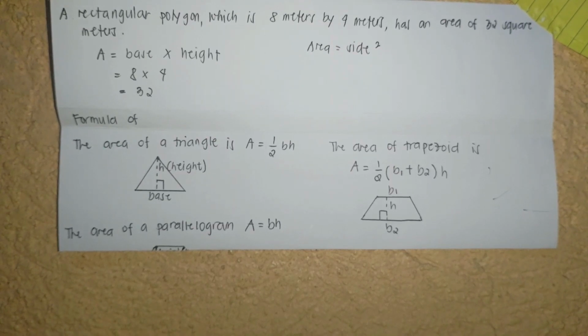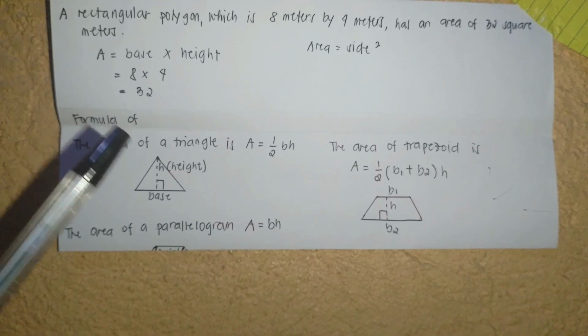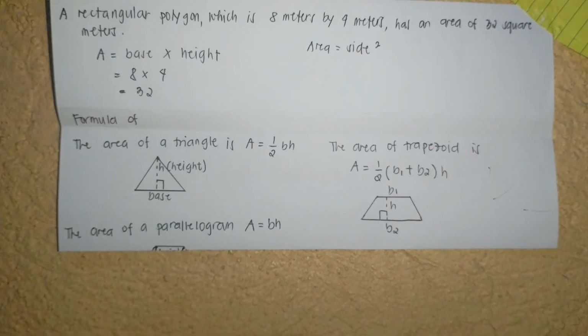So, para makuha naman yung area ng isang rectangular polygon, all we need to do is to use the formula, which is area is equals to base times height. So, meaning, times lang natin yung given, which is 8 times 4. Kaya naging 32.